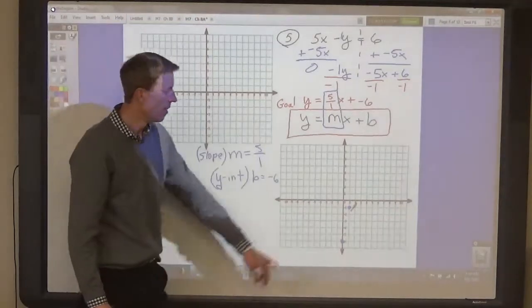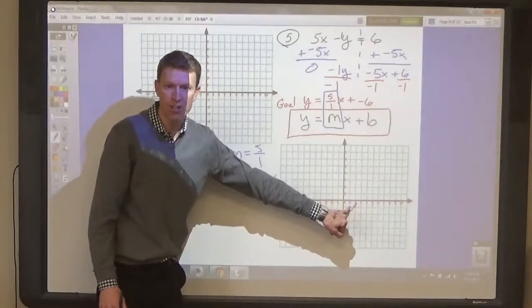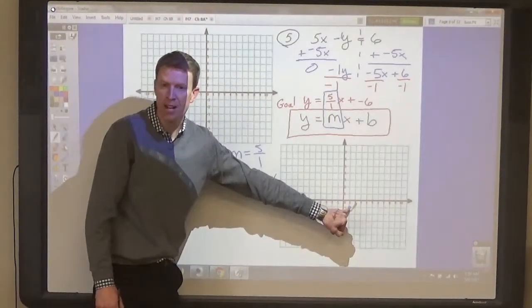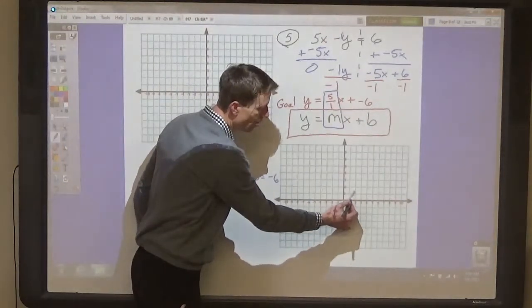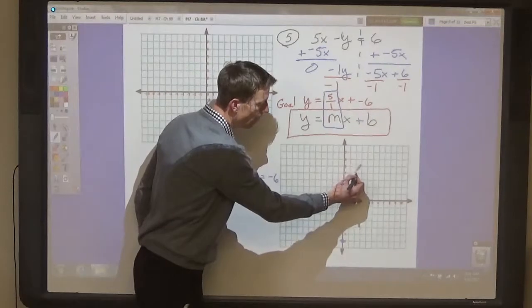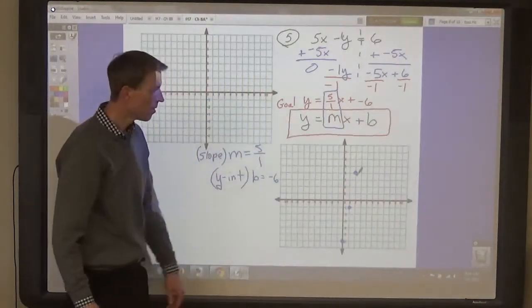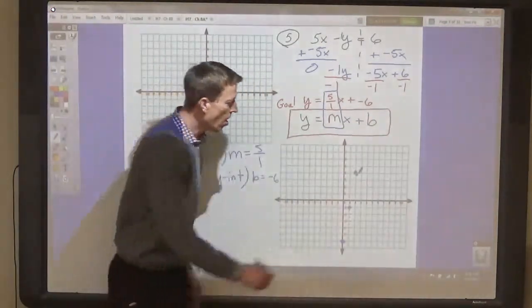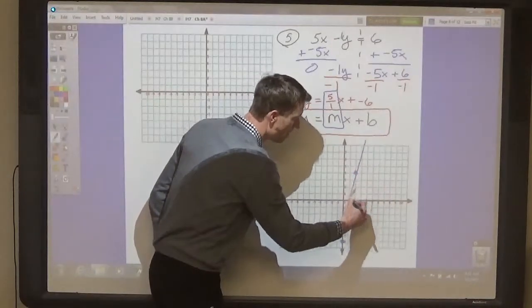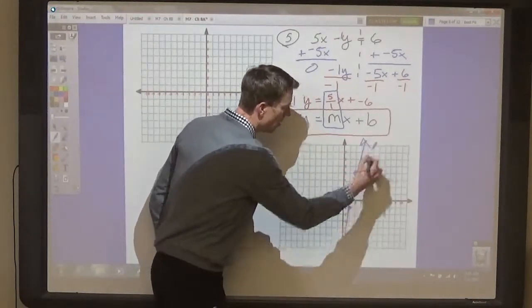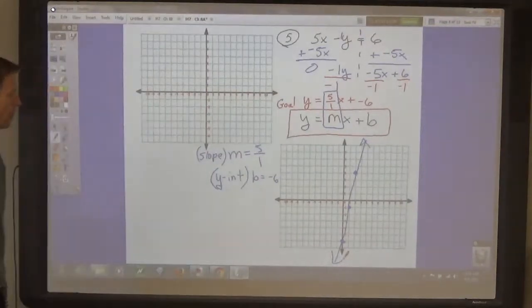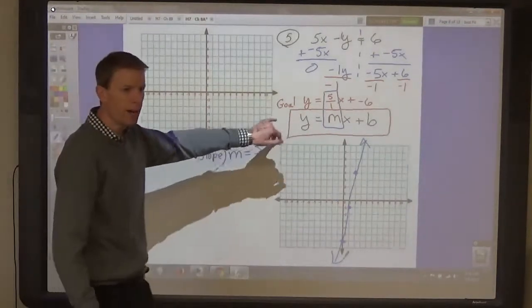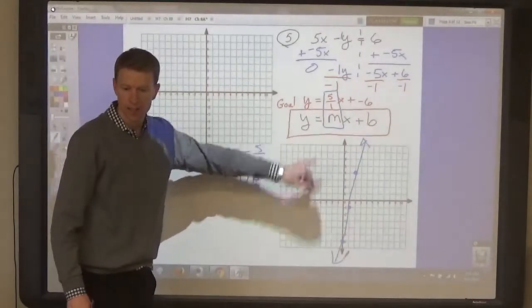Yep. And then if you wanted to, you could do that again to find another point. We could go up 5 from here, 1, 2, 3, 4, 5, over 1. Because all of these points are on the same line. Points that have the same slope are on the same line. So this is a simple way to graph an equation, okay?